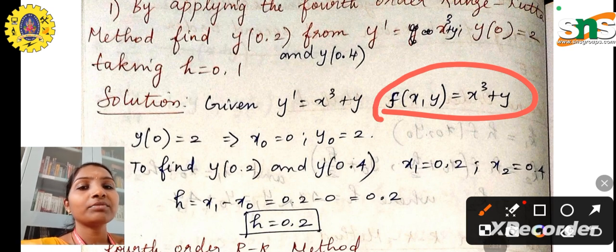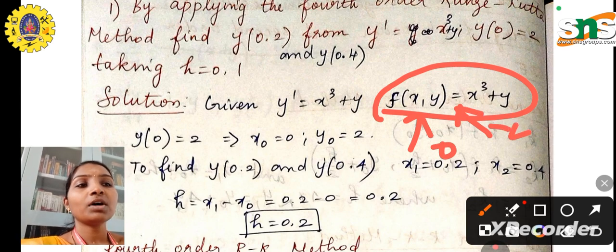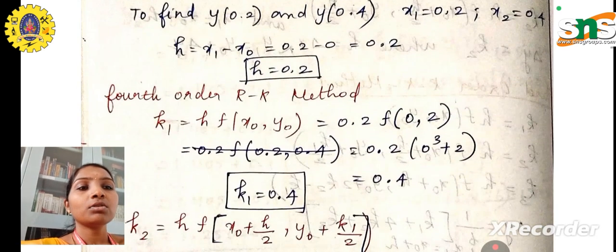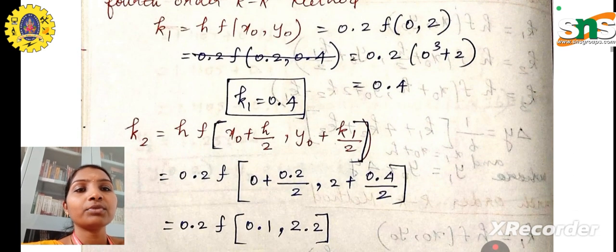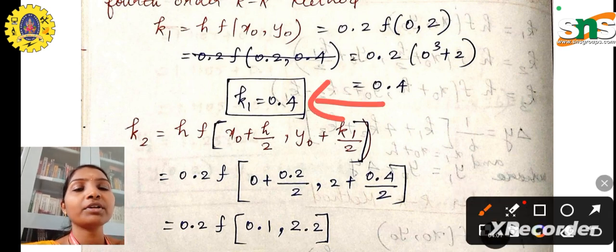So to find f of 0 comma 2, in place of x we substitute 0 and in place of y we substitute 2. H is 0.2, x is 0 and y is 2. Therefore x cube plus y is 0 cube plus 2, and the value of k1 is 0.4 by simple calculation.